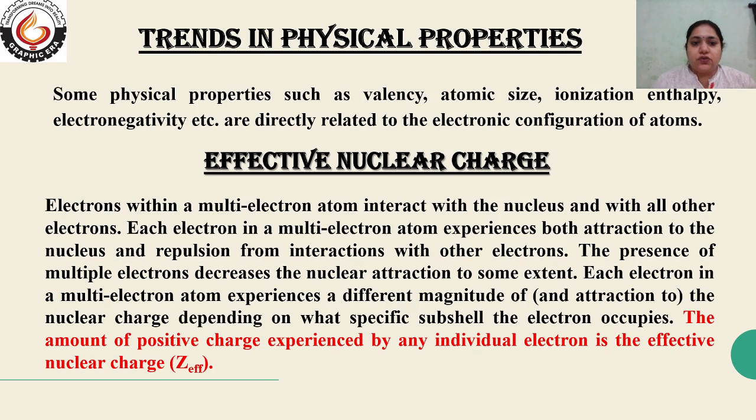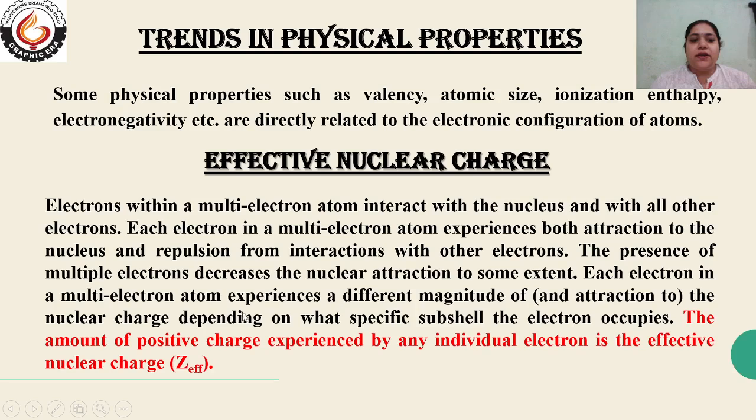Clear? Each electron in a multi-electron atom experiences both attraction to the nucleus and repulsion from other electrons. Because electrons have negative charge, they repel each other while the nucleus attracts them. So the presence of multiple electrons decreases the nuclear attraction to some extent.